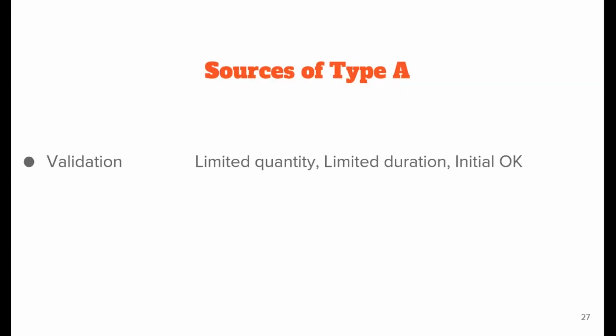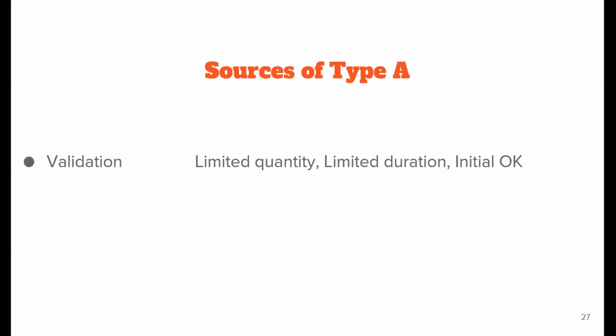And so ASB expands on this to say, well, where does type A come from? The one we just talked about was reproducibility in the form of QC data. But specifically, ASB 056 outlines three. Validation data is a viable source of type A data, right? Repeat independent observations. However, they're limited in quantity and typically limited in duration, right?